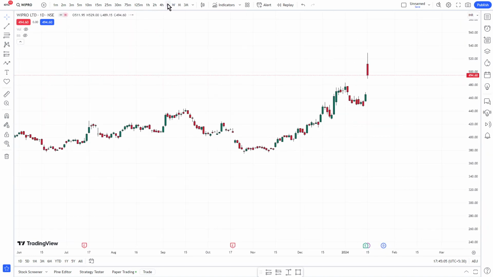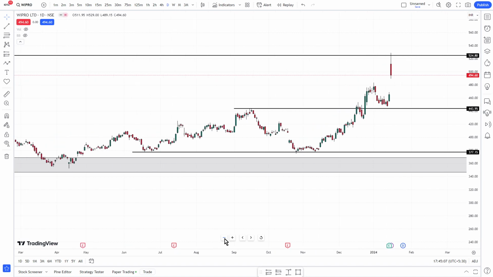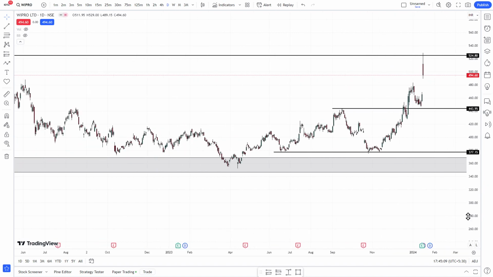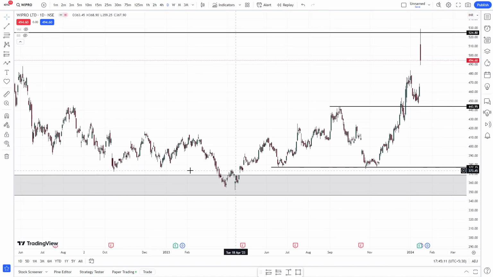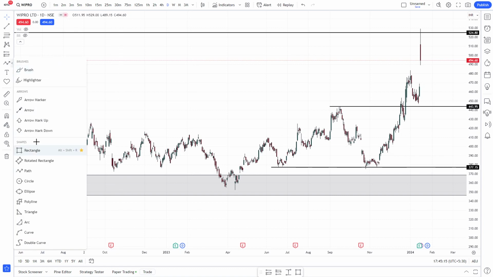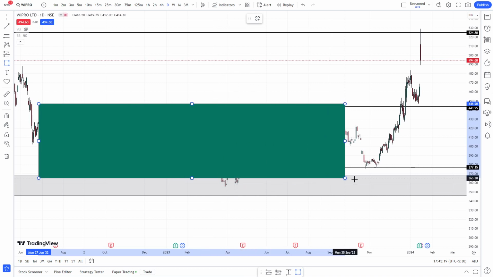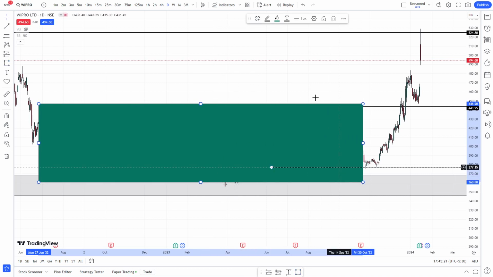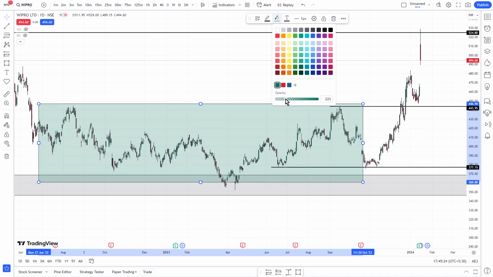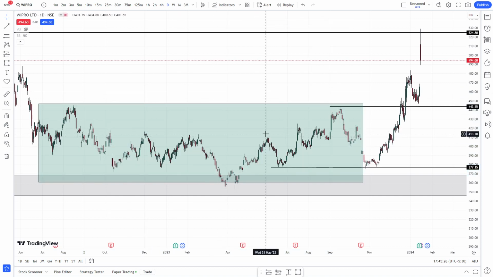Okay, look at this chart. Price was going sideways for a very long period. It was moving in a range. Okay, this is the range it was in.